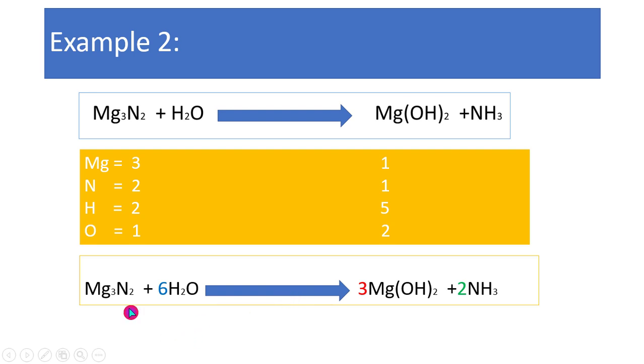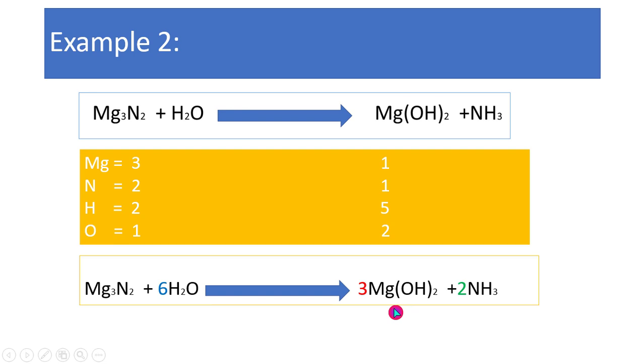In this equation, the number of magnesium atoms is 3 in the reactants, and the number of magnesium atoms is 3 in the products. The number of nitrogen atoms is 2 in the reactants, and 2 in the products. The number of oxygen atoms is 6 in the reactants, and 6 in the products.